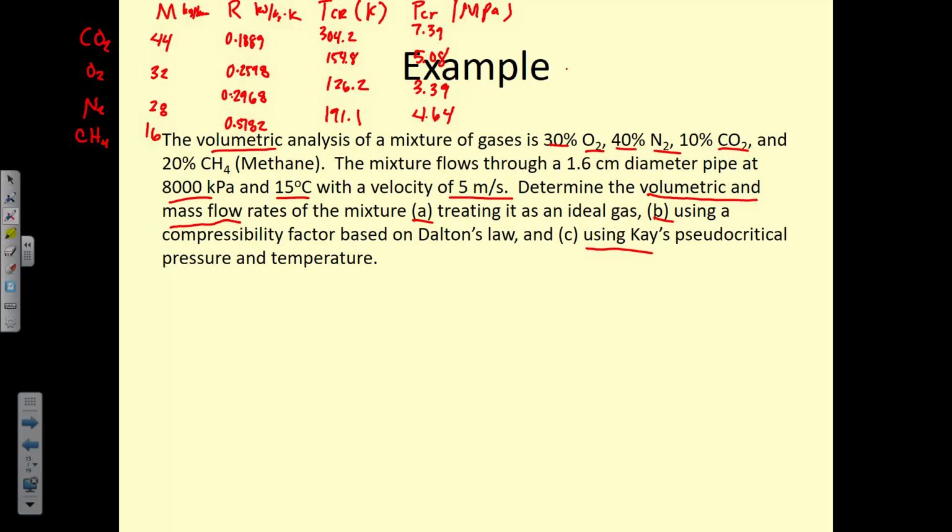So we're going to assume that our volume is based on 100 kilomoles. So a volume percentage and a molar percentage are going to be equivalent. So we're going to assume that we have 30 kilomoles of O2, 40 kilomoles of N2, 10 kilomoles of CO2, and 20 kilomoles of methane.